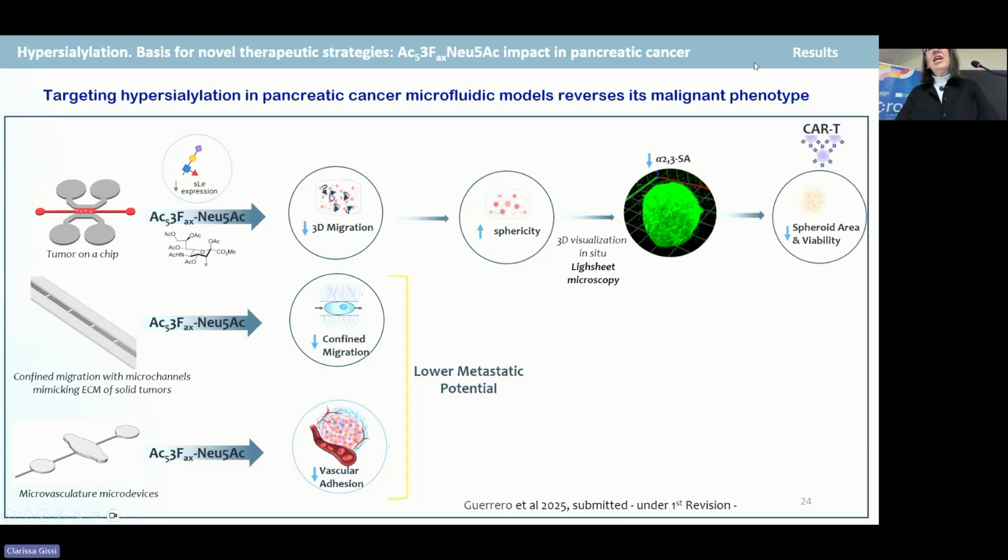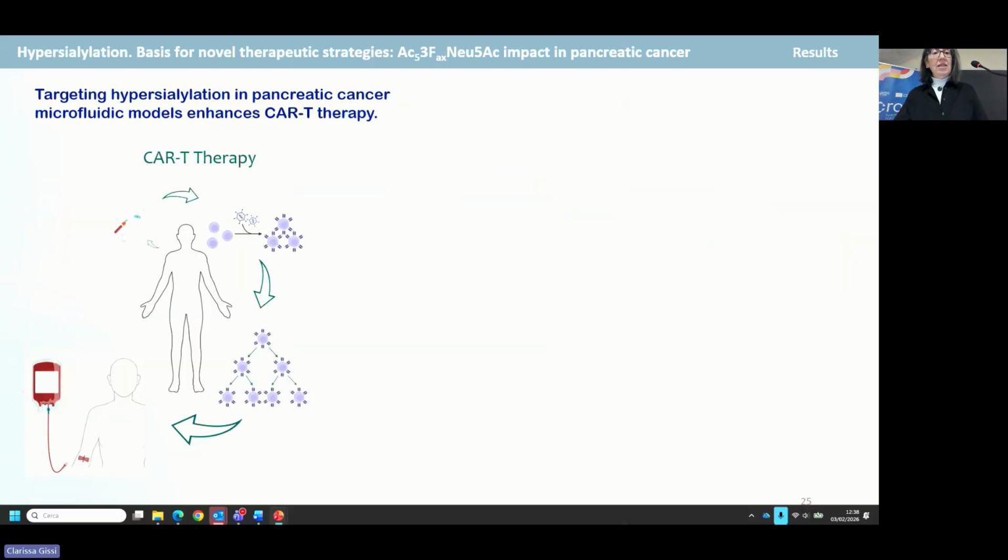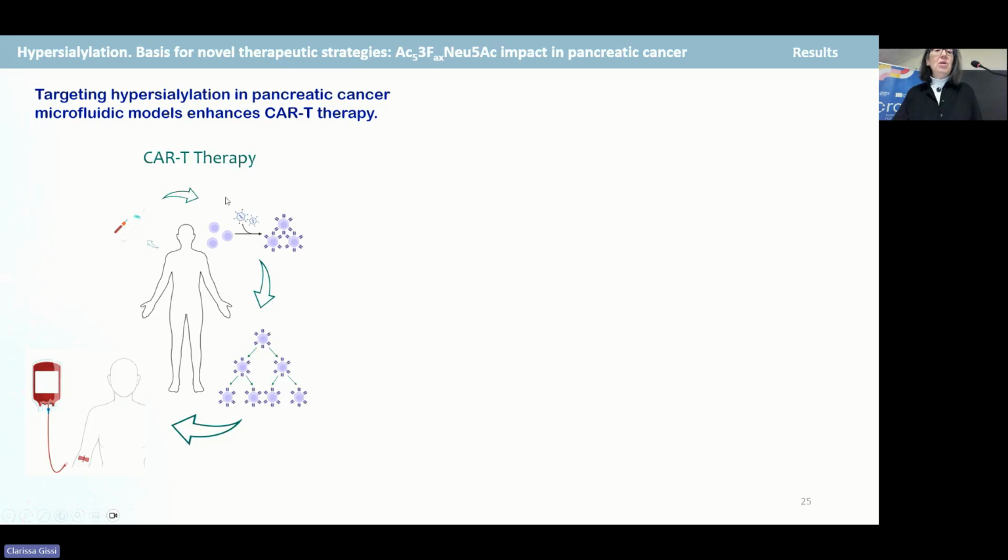And as we had the previous result showing an increase in tumor T lymphocytes in the in vivo mouse model that I showed you before, we also performed an experiment treating CAR-T cells with the tumor cells, which I will show you in the next slide. This is to note the importance in CAR-T therapy, especially in hematological cancers.